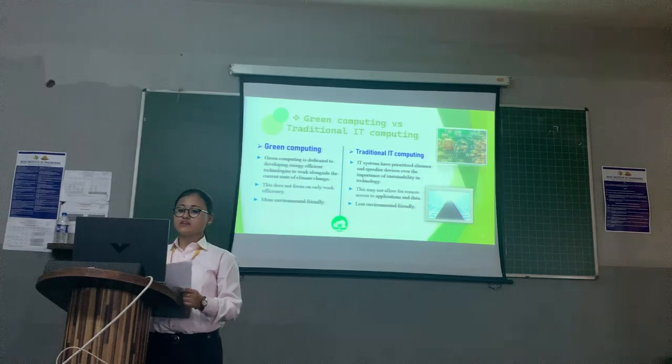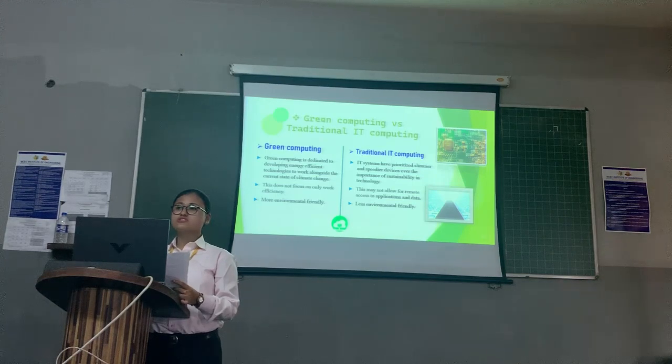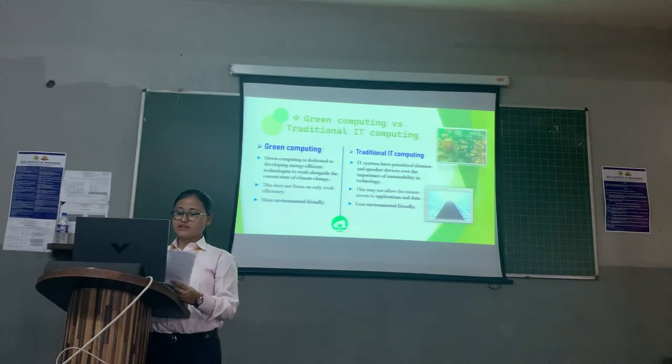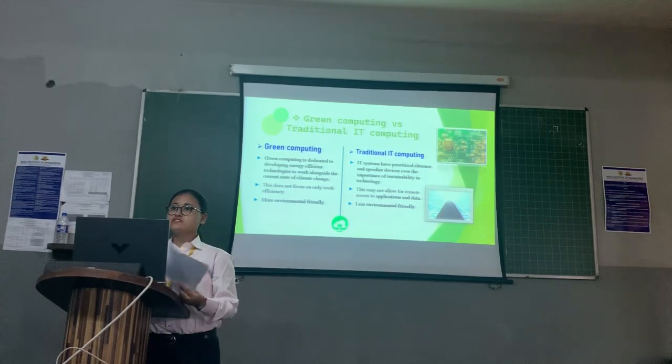Green computing does not focus only on work efficiency, but also strives to improve the energy efficiency or recyclable properties of various devices. Traditional IT computing may not allow for remote access to applications and data, limiting the ability to use it from anywhere. Green computing is more environmentally friendly, whereas IT computing is less environmentally friendly.